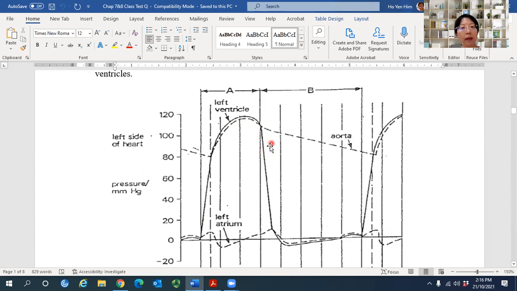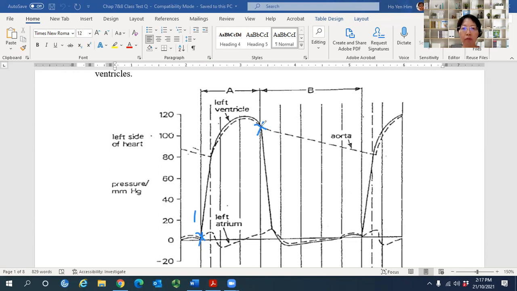When these 2 lines separate, it means that the pressure in the aorta and the pressure in the ventricle are separated. That means the valve between them is closed already. So the ventricles start to relax from this point onwards. The ventricle starts to contract at this point onward. So A is ventricular systole.